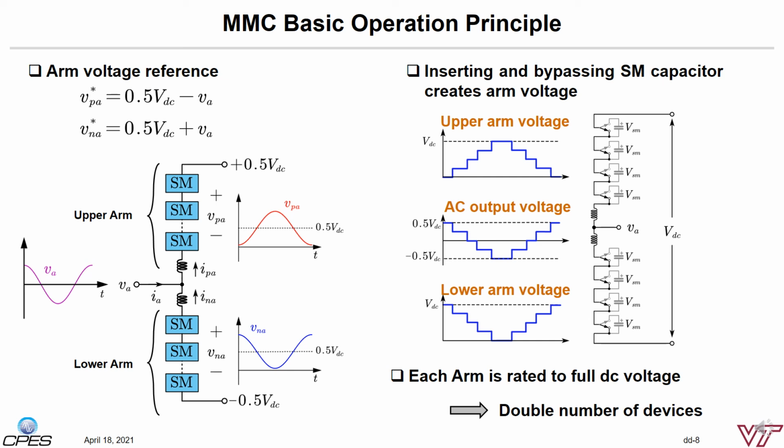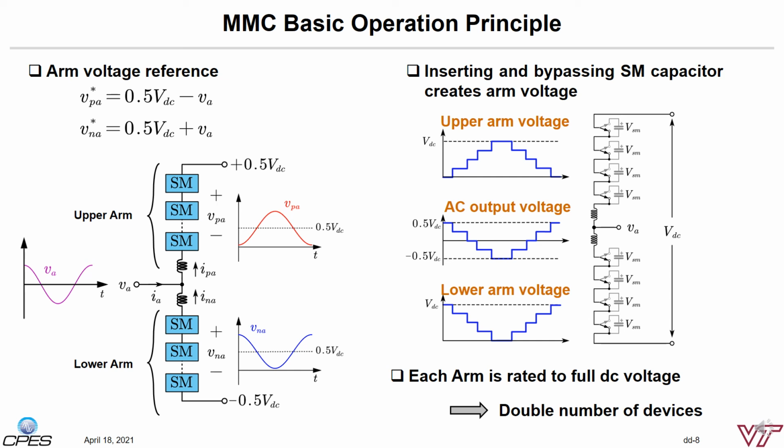It clearly shows that both upper and lower arms need to produce DC voltage with a low frequency AC voltage ripple. Similarly, the current that flows in the upper and the lower arms will contain DC and AC current as well. The right-hand side shows an example of MMC with 4 submodules in each arm. In this case, you can produce a 5-level phase-to-neutral voltage.